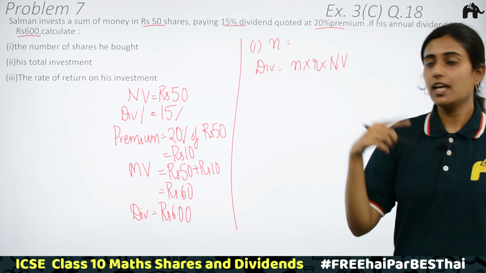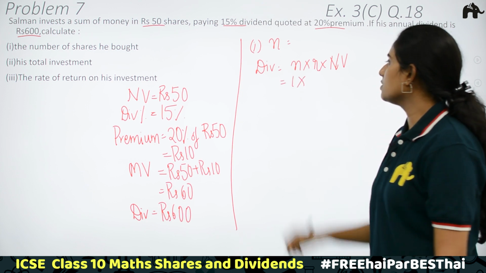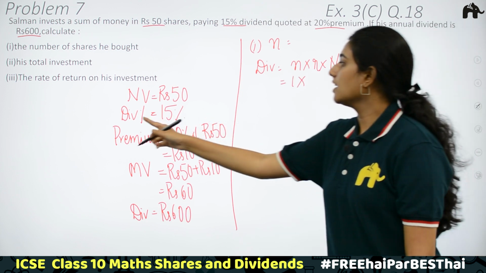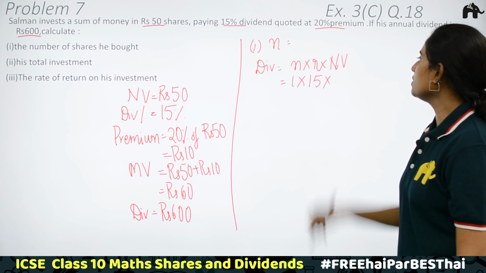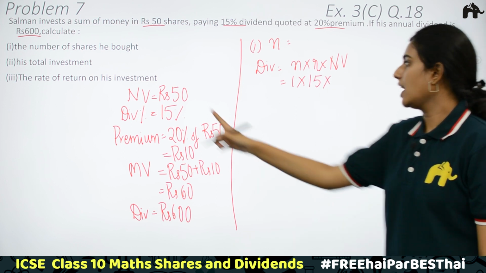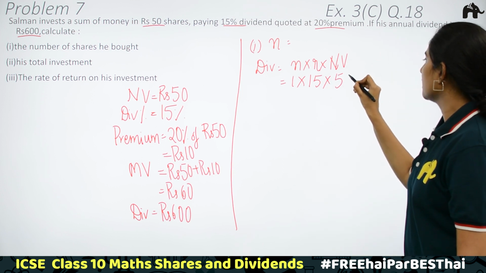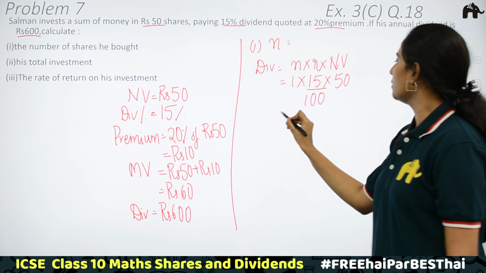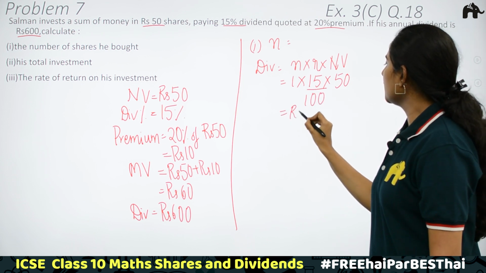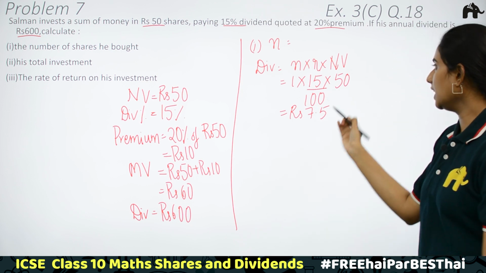For one share, N is equal to 1. That is 1 into R. R is dividend percentage, that is 15. Into nominal value, which is 50, divided by 100. You will be getting rupees 7.5.